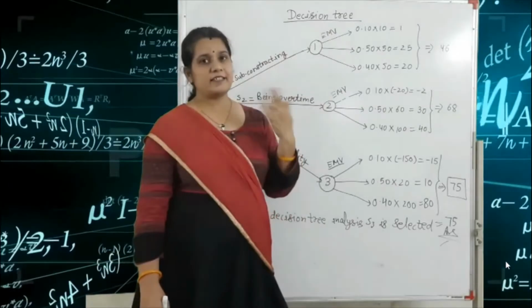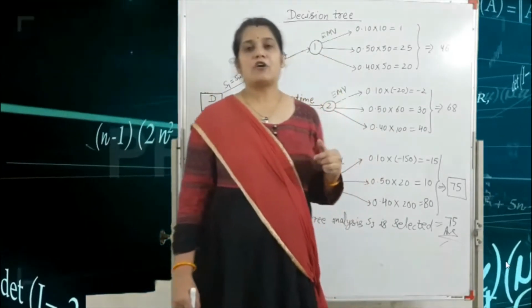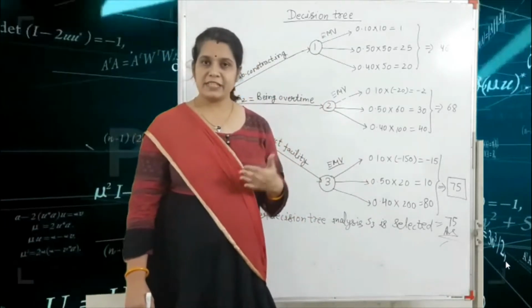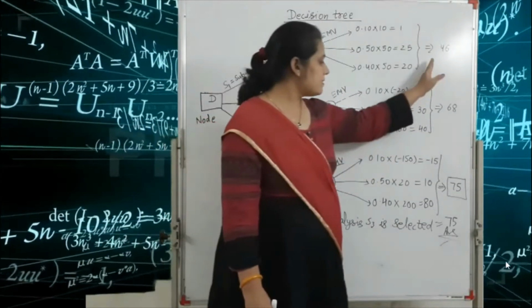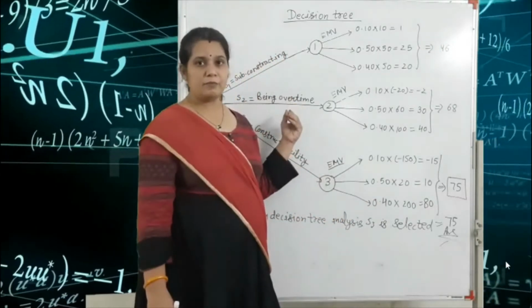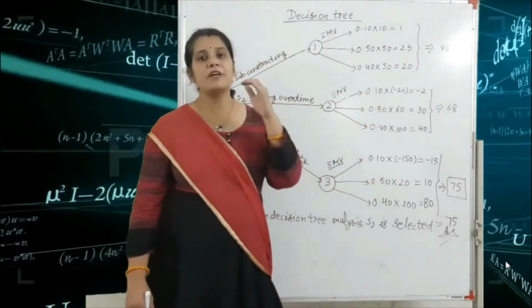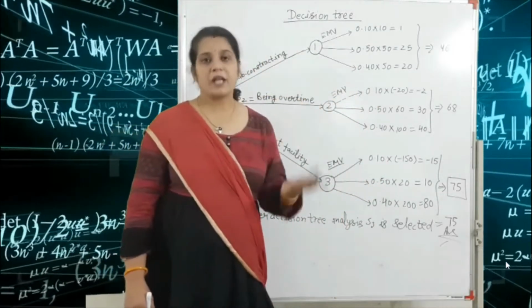Draw the decision tree. After that, we choose the maximum value according to EMV, expected monetary value. So maximum value is 75. We have already seen with the help of the payoff matrix table that the maximum value is 75 for the S3 alternative.